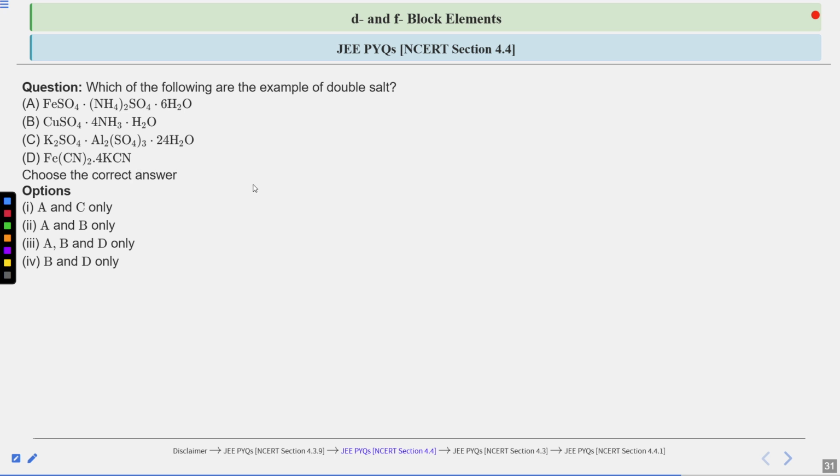You have to tell which of these salts is an example of double salt. Choose the correct answer. Options are A and C only, A and B only, A, B and D only, or B and D only. So focus on the properties of the double salt you have known, and then you can identify the example representing the double salt.